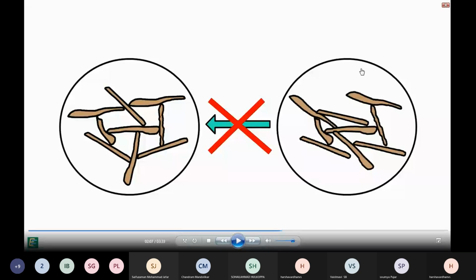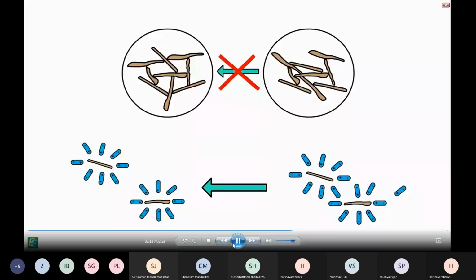Only the molecular structure goes back. So whatever strength is lost due to rearrangement of the soil structure is lost forever, but whatever strength is lost due to rearrangement of the molecular structure can be gained with the passage of time.